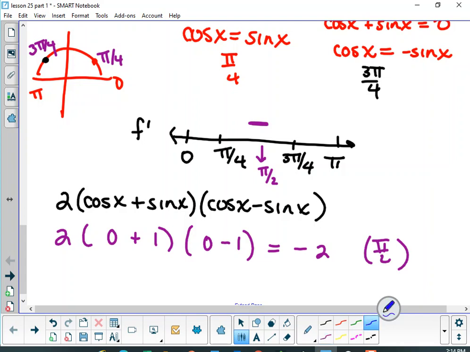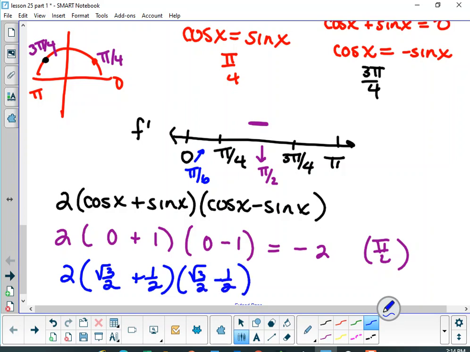If you're wondering what to plug in between 0 and pi over 4, how about pi over 6? Now, I have to admit, I still think in degrees sometimes. So cosine of pi over 6, 30 degrees, is root 3 over 2 plus a half, and root 3 over 2 minus a half.